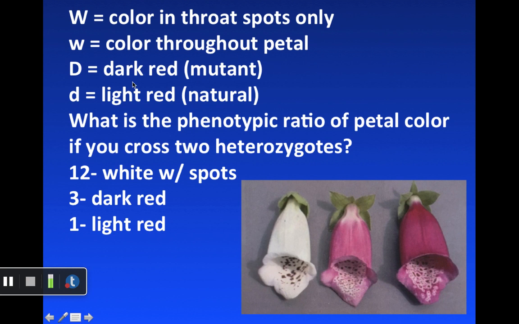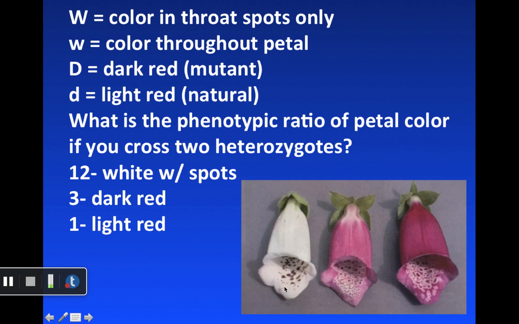Well, a totally separate gene, namely the D gene. So dominant D gives you dark red, small d gives you light red. Okay. Again, as long as you have a small w in that other gene. So again, if you do a cross between two heterozygotes for both W and D, you end up with, again, your typical 9:3:3:1 genotypic ratio, but if you look at the phenotypes, you end up with a 12:3:1.